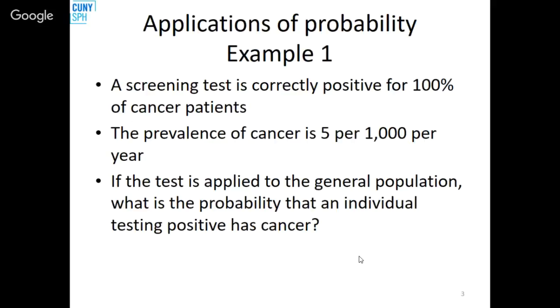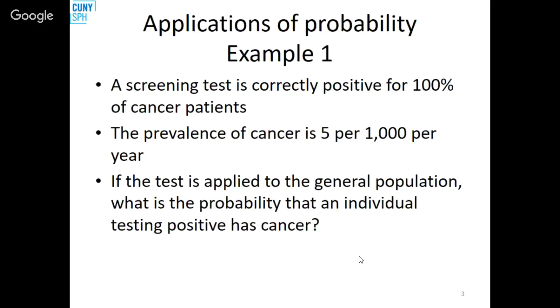So I've given you two pieces of information here. Its accuracy on people who have cancer and the prevalence of cancer in the population. I'll give you a hint that it's a bit of a trick question. Yes? Would be 100%?